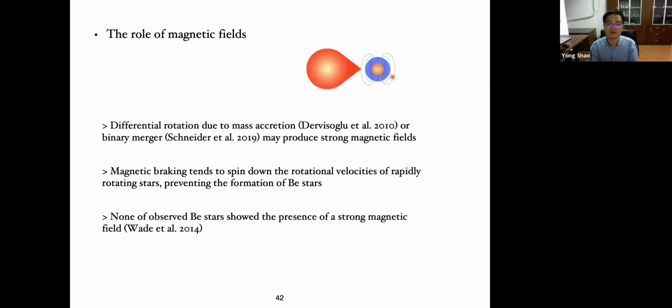The coupling between magnetic fields and stellar winds, the so-called magnetic braking, tends to spin down the rotational velocity of rapidly rotating stars. This will prevent the formation of Be stars. And from observation, none of the observed Be stars showed the presence of a strong magnetic field.